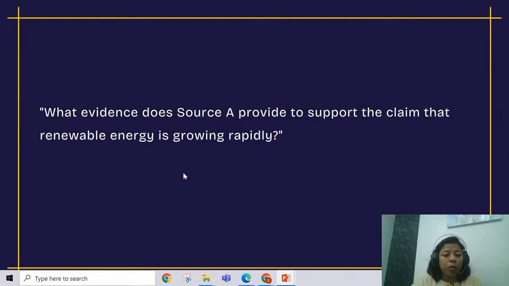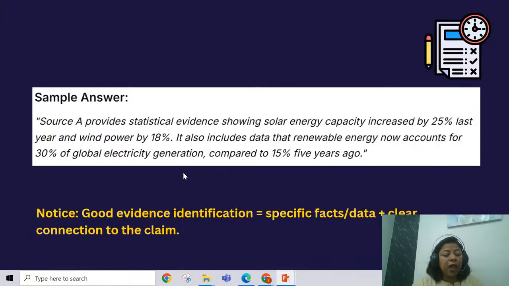The claim which was made is renewable energy is growing rapidly, and that is very well connected in the sample answer. That is, source A provides statistical evidence showing solar energy capacity increased by 25% last year and wind power by 18%. Okay, I hope it is good to go now.